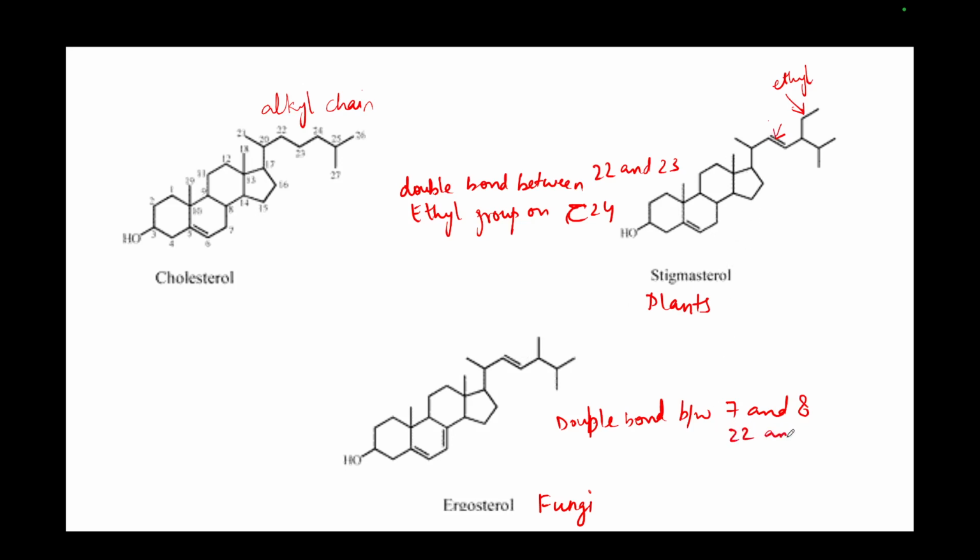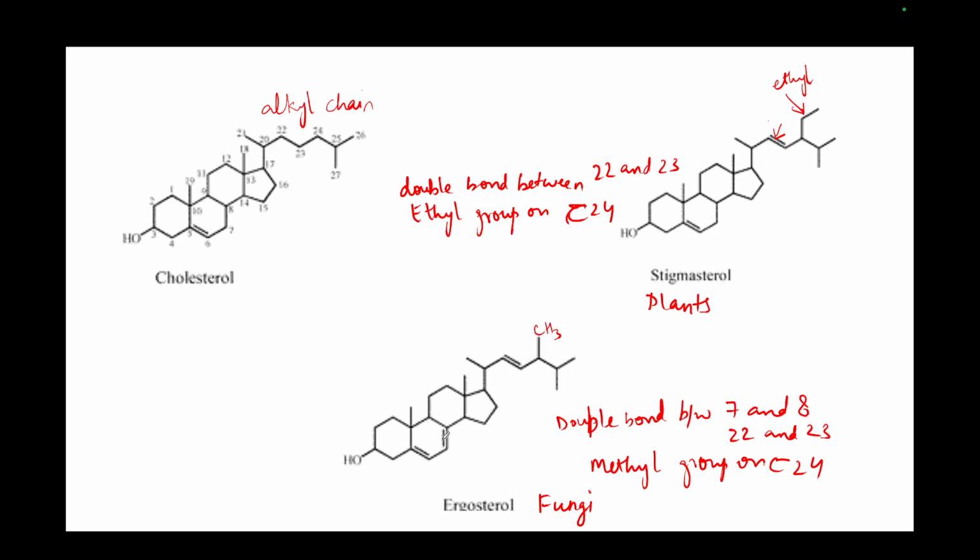So 22 and 23 also has a double bond, and instead of an ethyl group we have a methyl group here, a CH3, on carbon 24. So we have a double bond between 22 and 23 both in stigmasterol and ergosterol, and an ethyl group in case of stigmasterol and a methyl group in case of ergosterol on carbon 24.